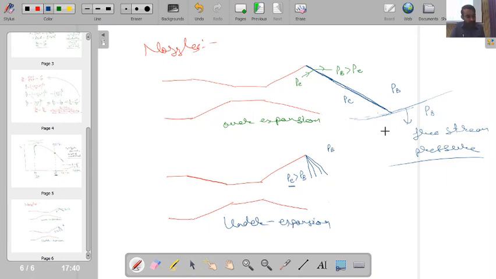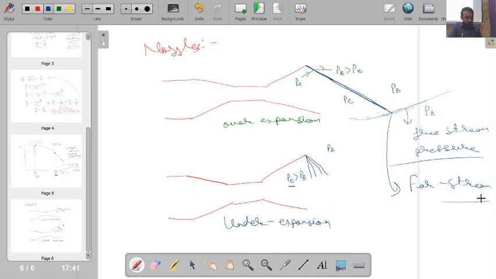This is the far stream only, any fluid streamline which is far away from our desired flow condition. When it goes and meets a free stream, the far stream, what will happen? That is actually important to study.